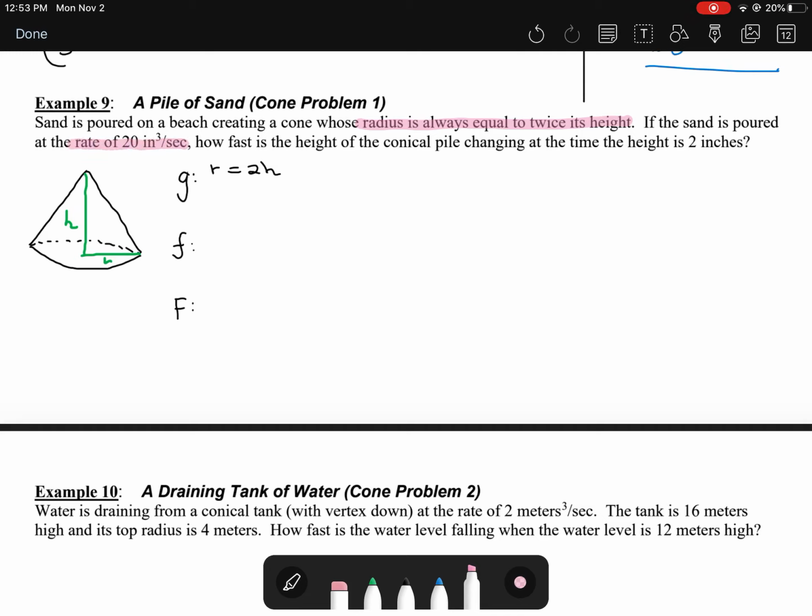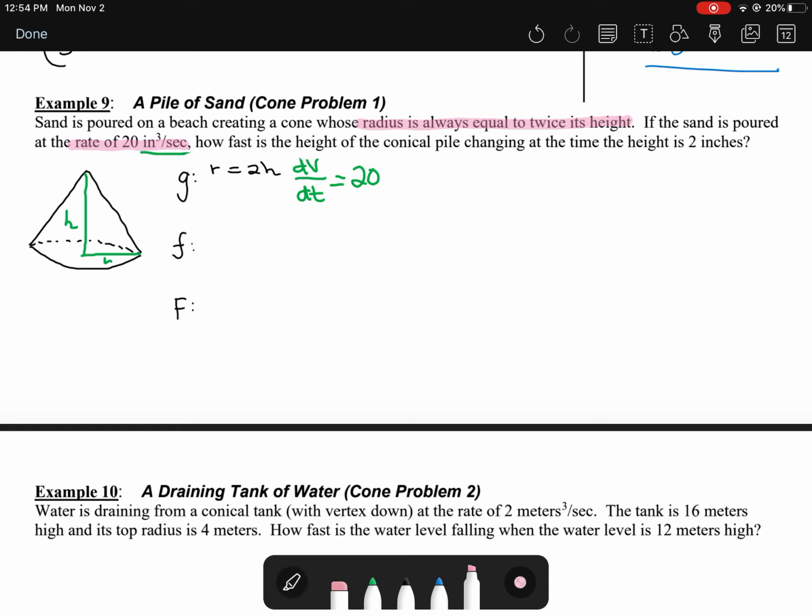So what would I label this? Okay, well, the key word here is in the label. I have inches cubed per second. Well, when I think of something being cubed, what do I think of? Hopefully, we're thinking volume. So dV/dt is going to be 20. Okay, and then let's see here.